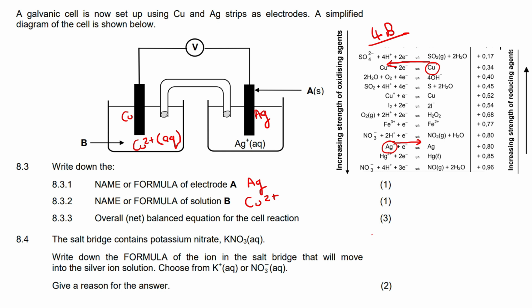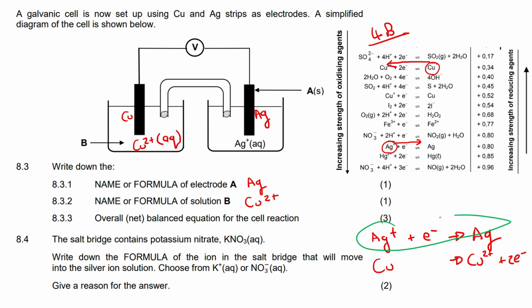So I know that one of the reactions is going to be that over there, and then this one is written with the copper first. So I start with the copper, and then that becomes copper 2+ plus 2 electrons. And so now if we want to balance this, we need to realize that the electrons have to be the same. So here we've got 1, but here we've got 2. So I'm going to multiply this entire reaction with 2.